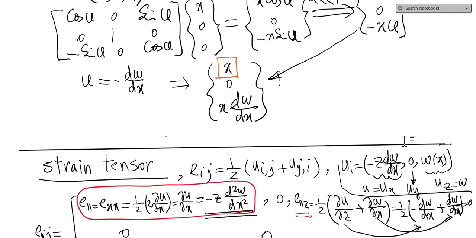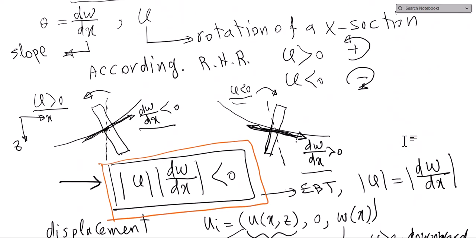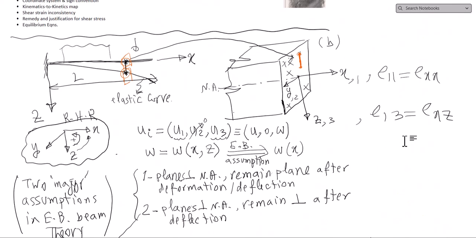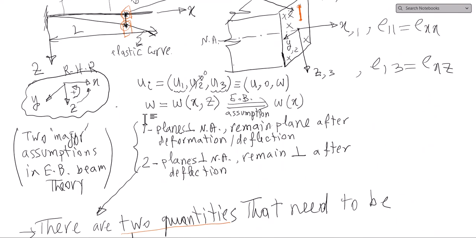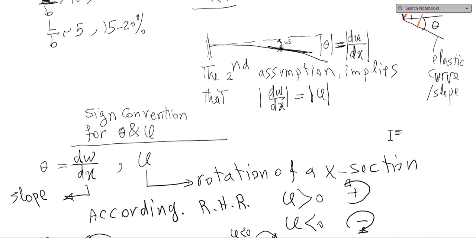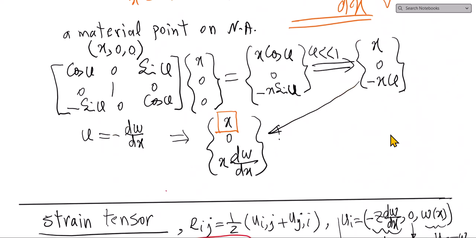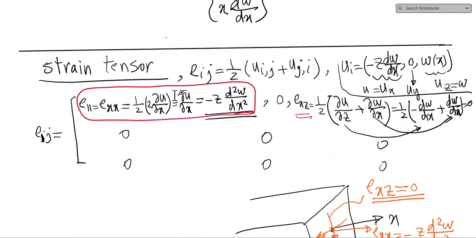From the kinematics assumptions that we had, these two assumptions that usually simplify the calculation of the displacement, which is a translation and rotation basically of a rigid plane at each cross-section location, we get the result that our strain tensor has only one component.